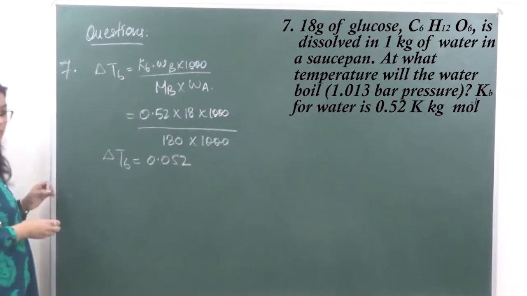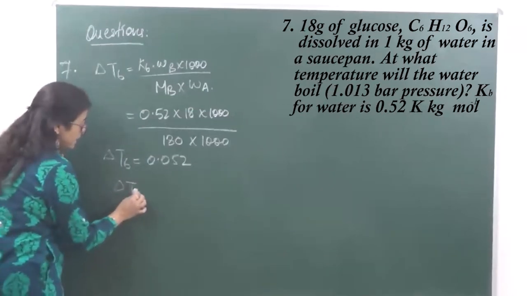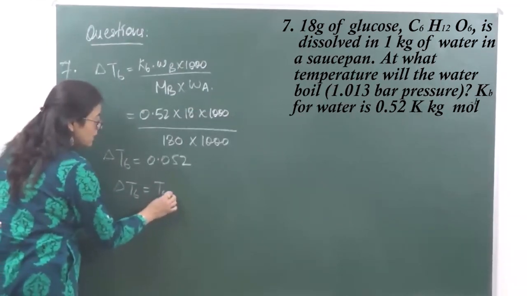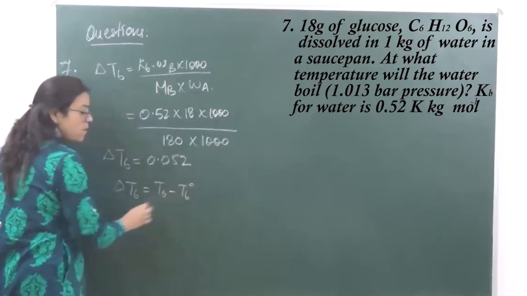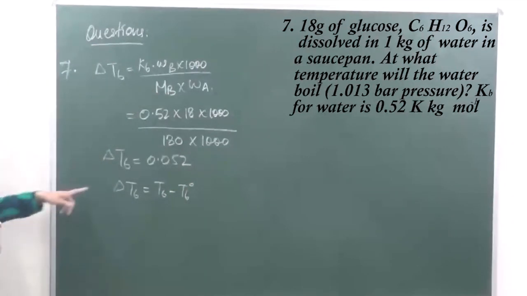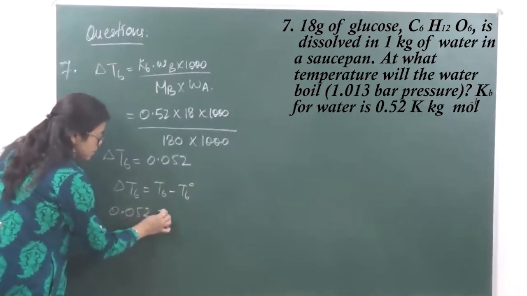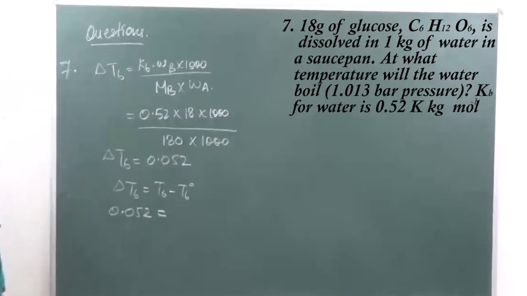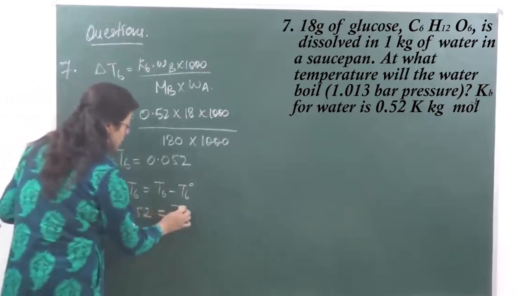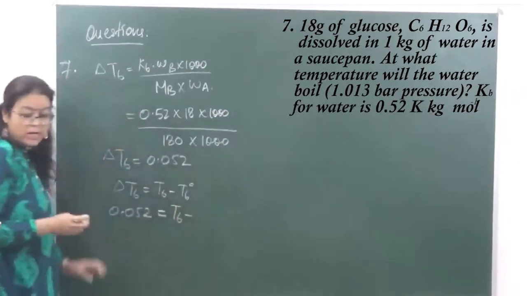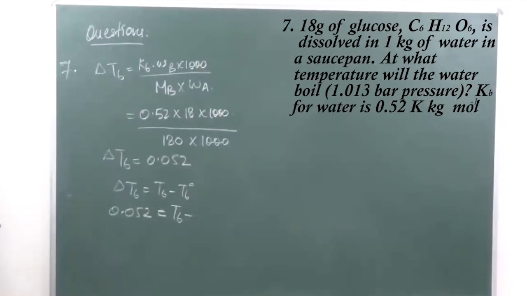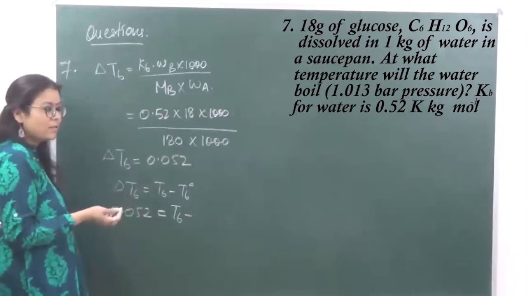Temperature of the solution is what? Delta TB is equal to TB minus TB naught. So delta TB given to us is 0.052, TB we have to calculate, and the boiling point of water is how much? We generally take it as 373.